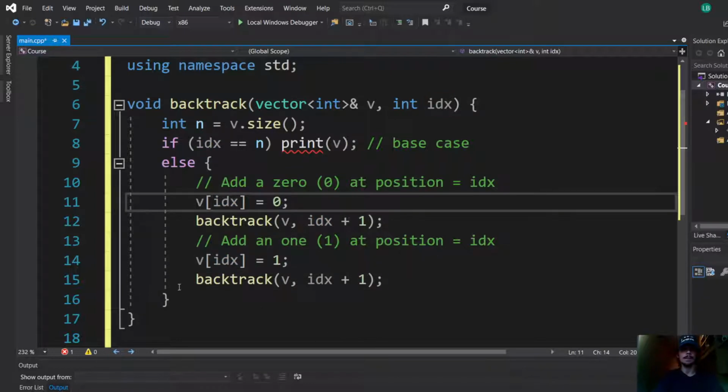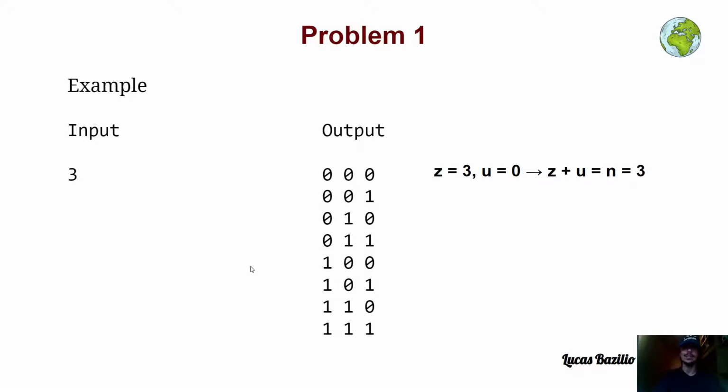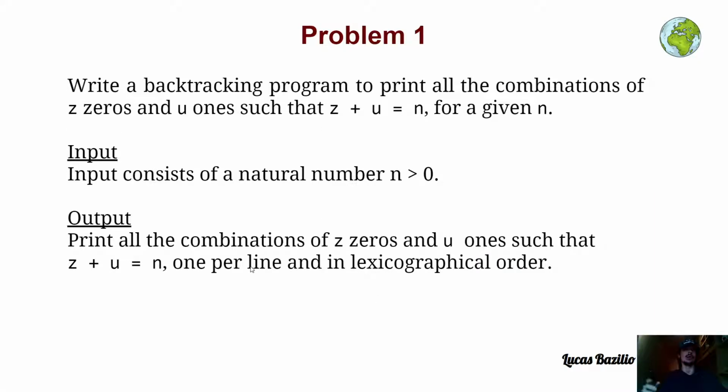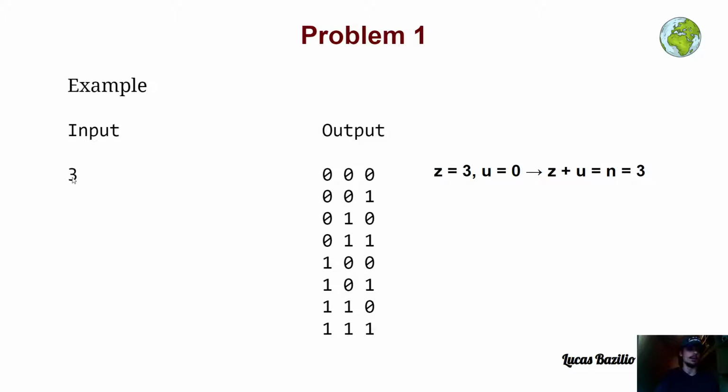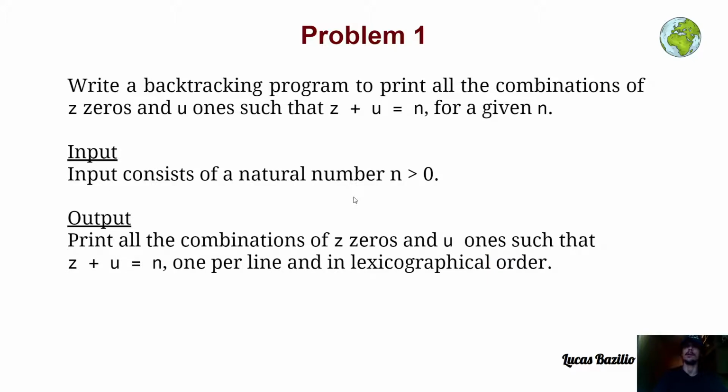Now, this example that we're doing here for this problem 1 is really the easiest case for backtracking. Okay, I have a natural number n, and I want the list or the sequence of zeros and ones that has size n. It is going to be the easiest problem that we will solve on the backtracking technique.